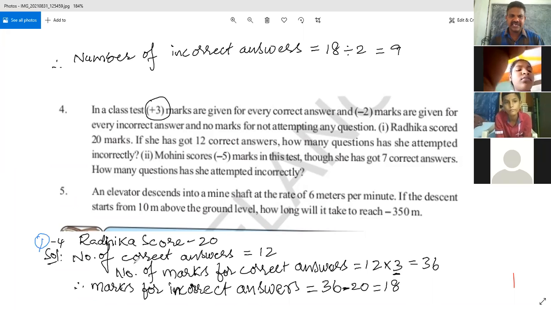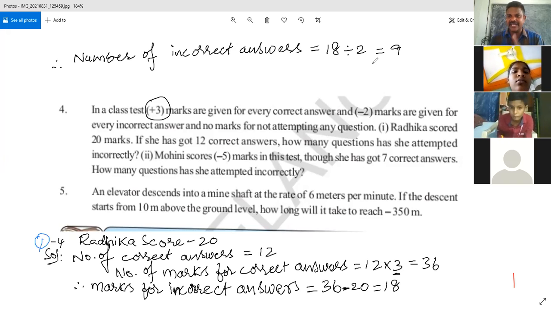But here she got only 20 marks. That means she has written some incorrect answers. So for the marks for incorrect answers, you subtract 20 from 36. You get 18. But how many incorrect answers? Each incorrect answer gets minus 2 marks.